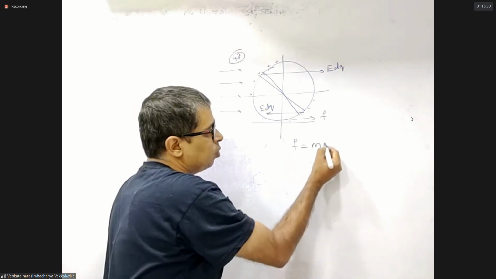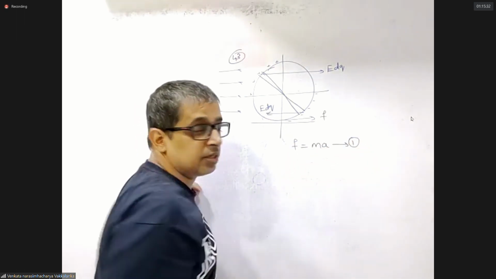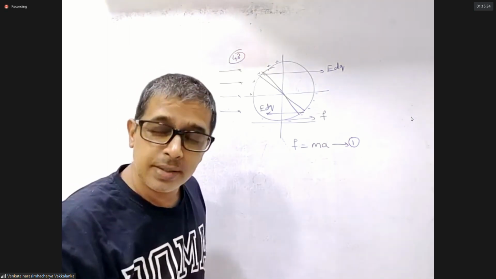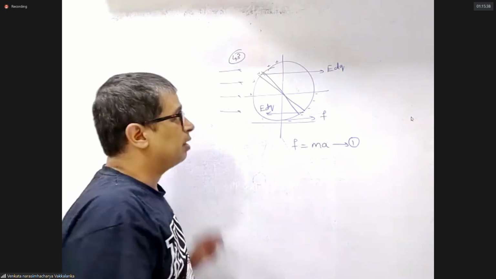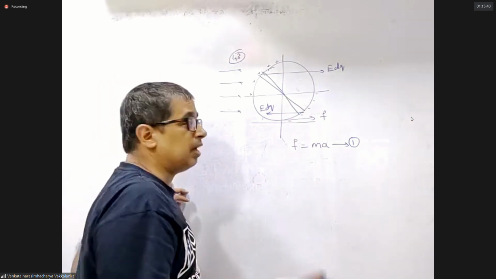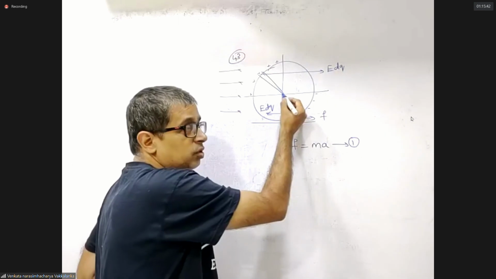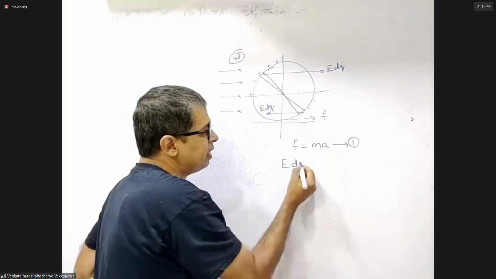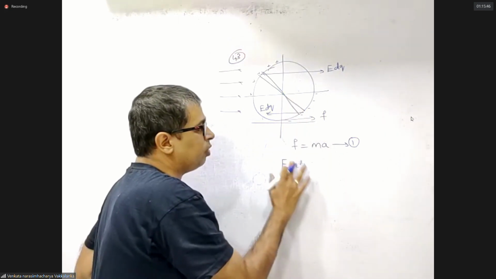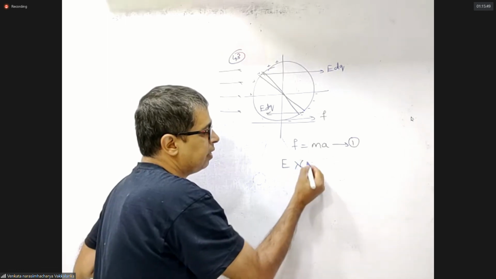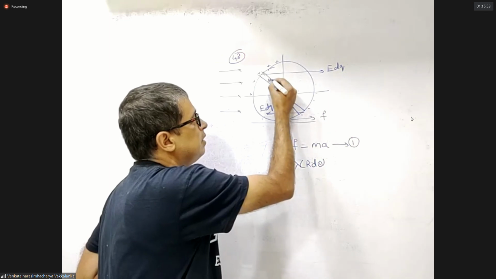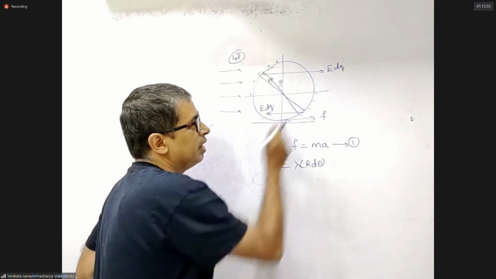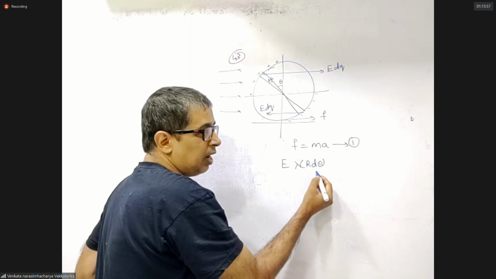F equals ma is my first equation. Feels good, right? Yes. Second equation, not the same; take torque on it. E dq, how do you calculate? Lambda into r d theta. dq is lambda into r d theta.